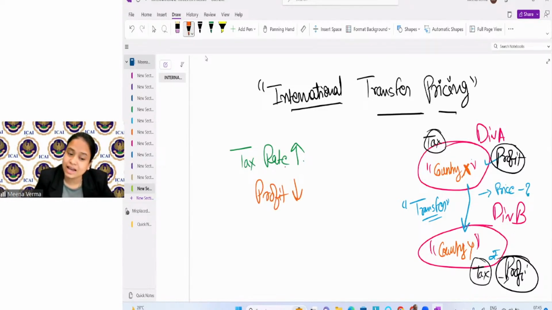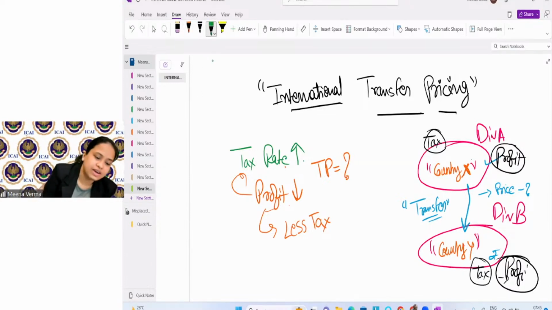If the tax rate is high, decide the transfer price in such a way that the profit is less, so that you end up paying less tax. Profit less, so less tax.